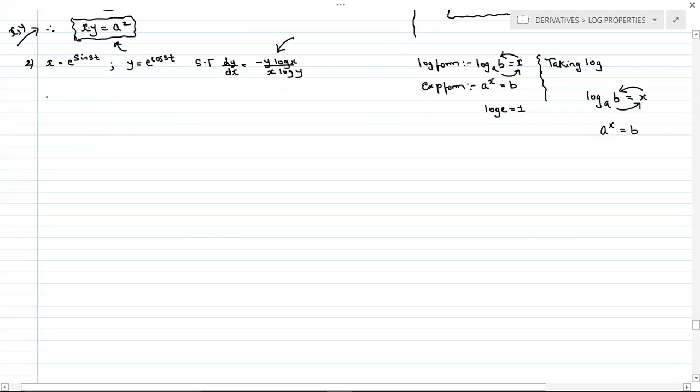So here we'll start with the solution. The first part is x equals e raised to sine 3t. First step, we'll take log on both sides.